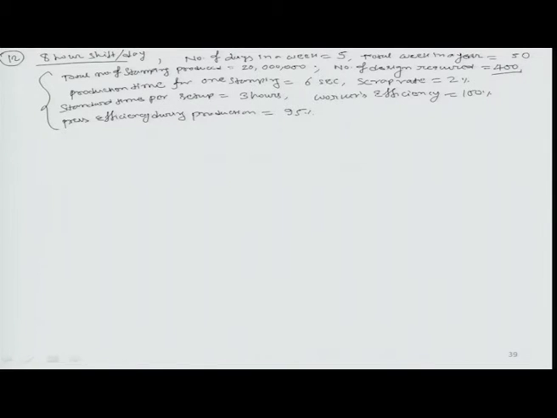Okay. First we will calculate the number of setups required. We will have to produce a total of 2 crore stamping, and we have a batch size of 5000 for each production. So, how many setups will be required? 4000 setups per year.